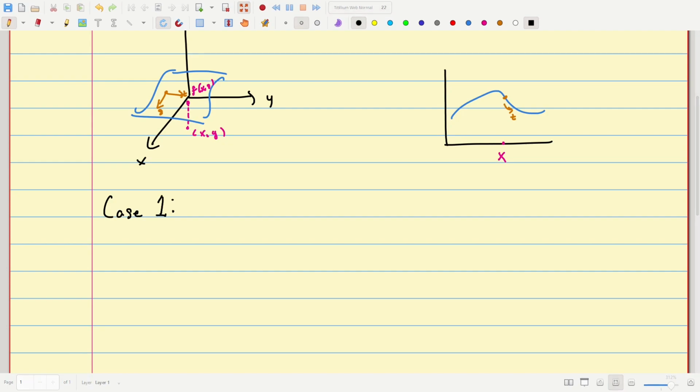So we're going to start off with case 1 of our chain rule. We're going to have our surface here. And all of our stuff is differentiable and everything. I'm not going to write that a bunch of times. But we're going to assume that both x and y are parameterized with respect to a single variable, t.